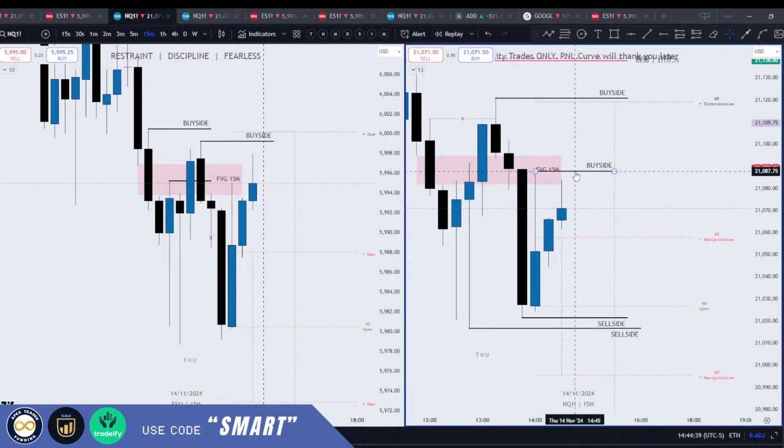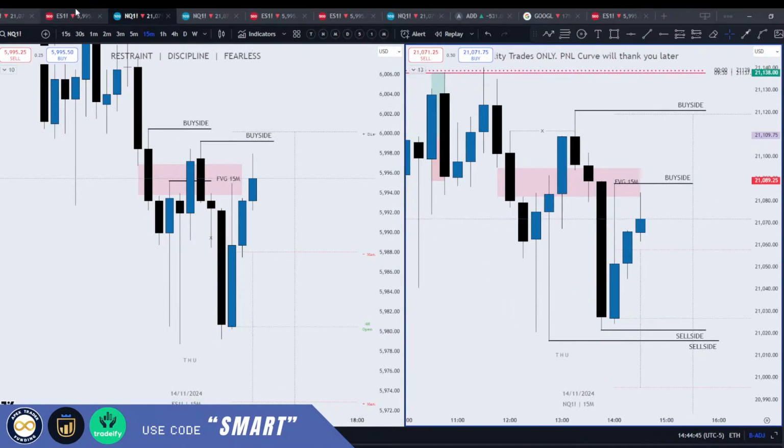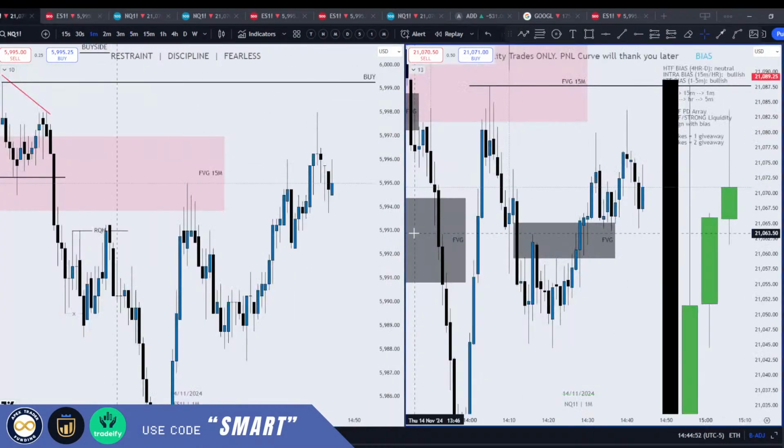I think eventually Powell's gonna take this high for sure. This is like a large high left behind. That's where we're heading towards. Same thing with the ES, ES hasn't taken this high yet.